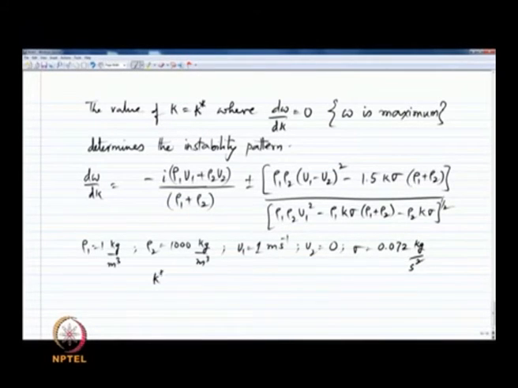From here we find k star is approximately 9.25 minus 0.16 i.